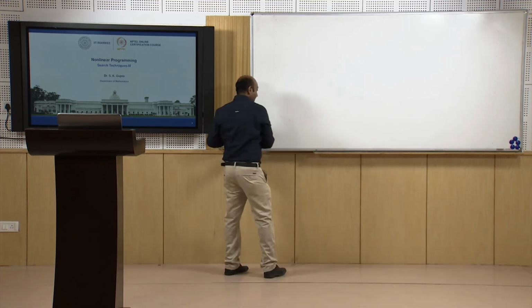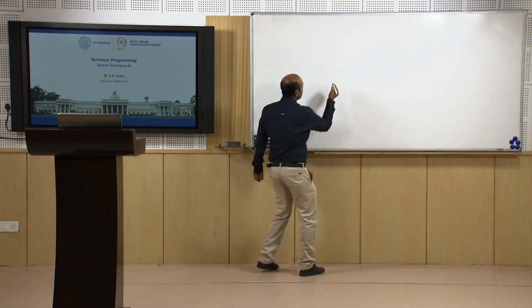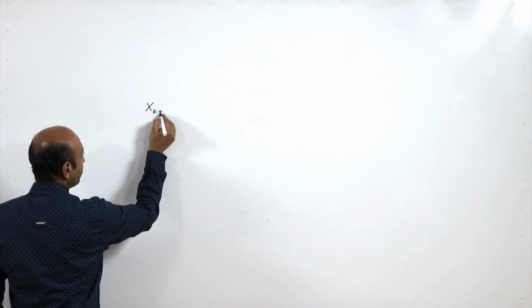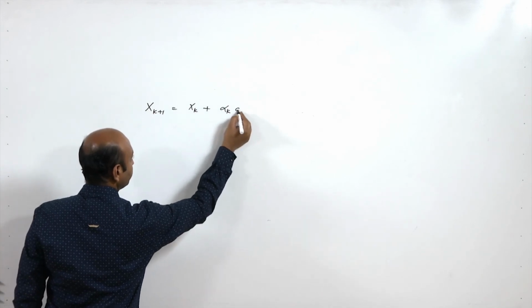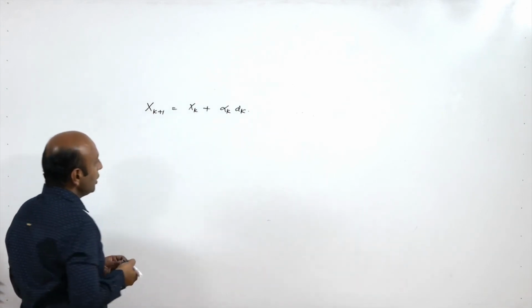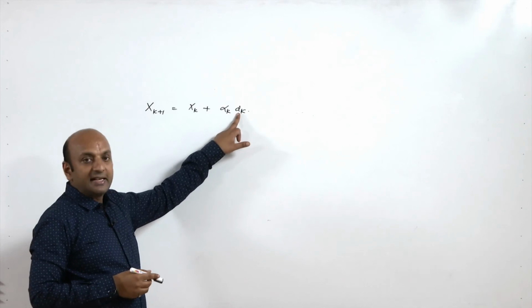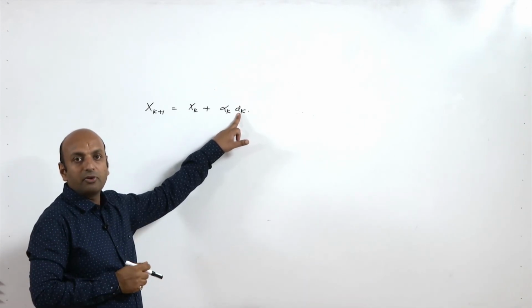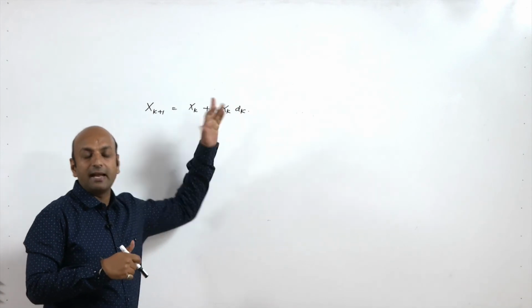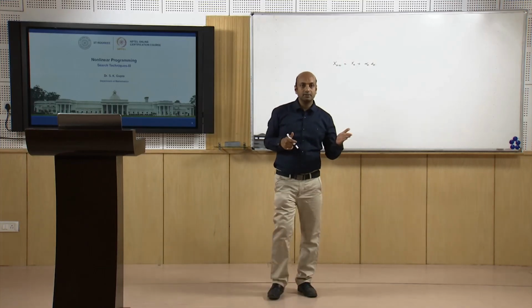Basically, the technique is the same, that is x k plus 1 is equal to x k plus alpha k d k, where d k is the direction in which we should proceed, so that we will have the descent property, that is the value of f decreases. Okay.